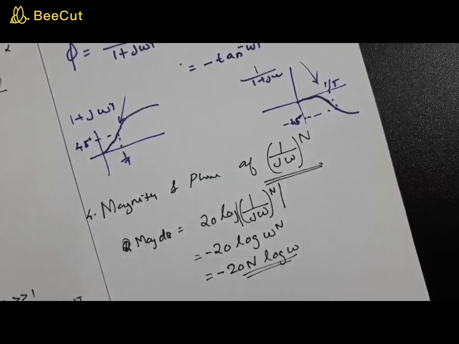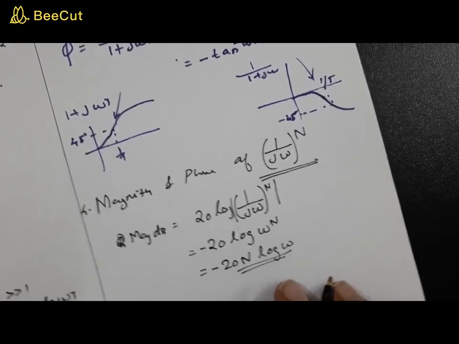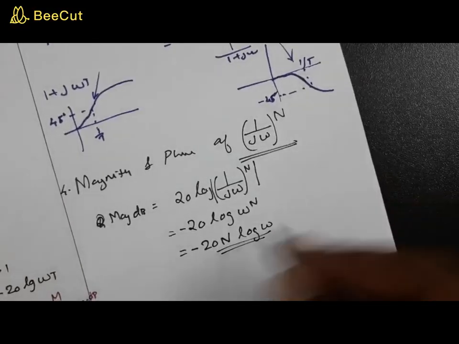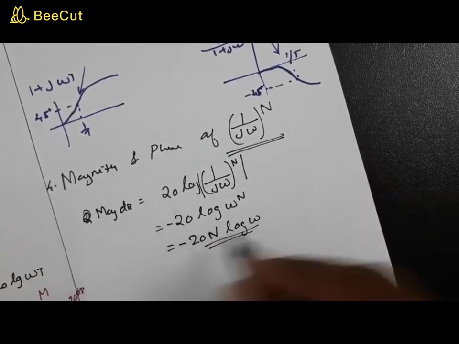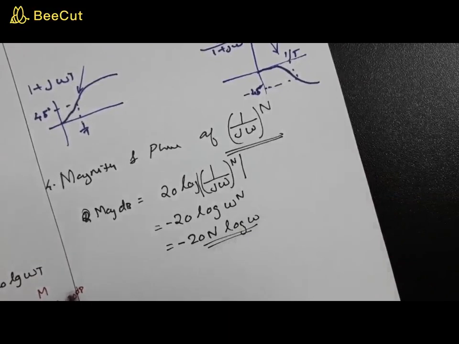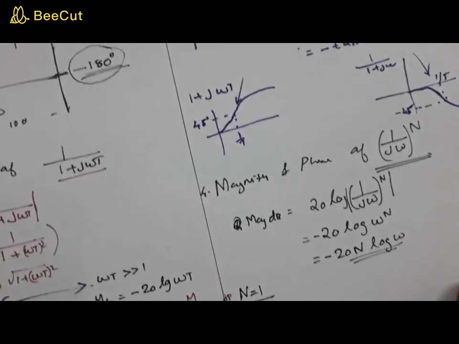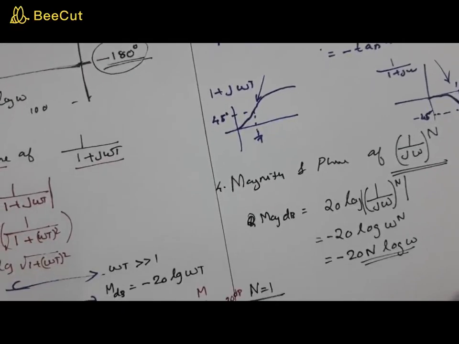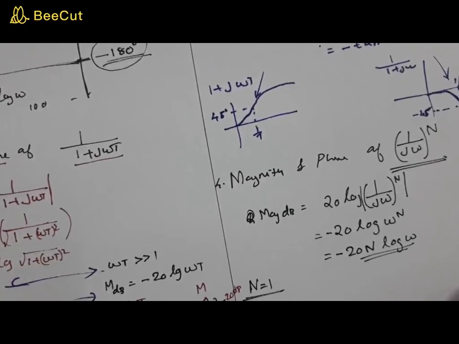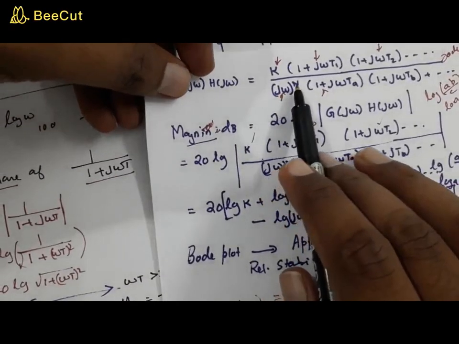Now what is the meaning of this? When you look at the magnitude of this, what can you say about the change in the magnitude of this factor? For that, assume that n is equal to 1. What is the meaning of n? In the term j omega raised to n, I've already told you the importance of n.